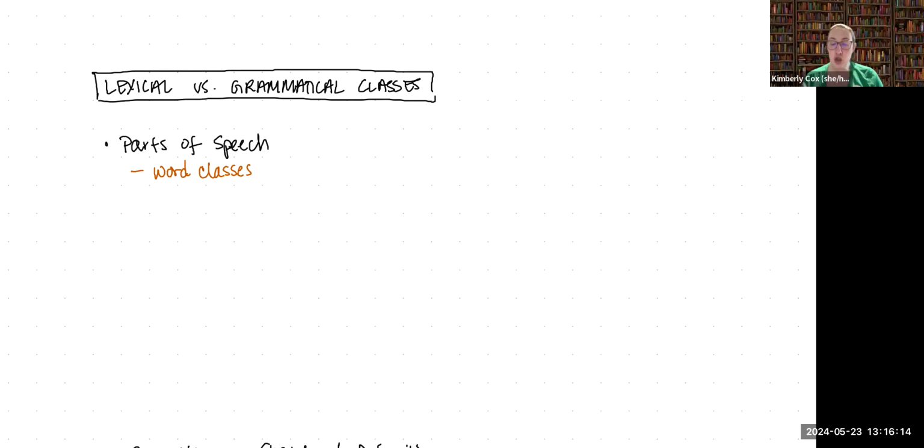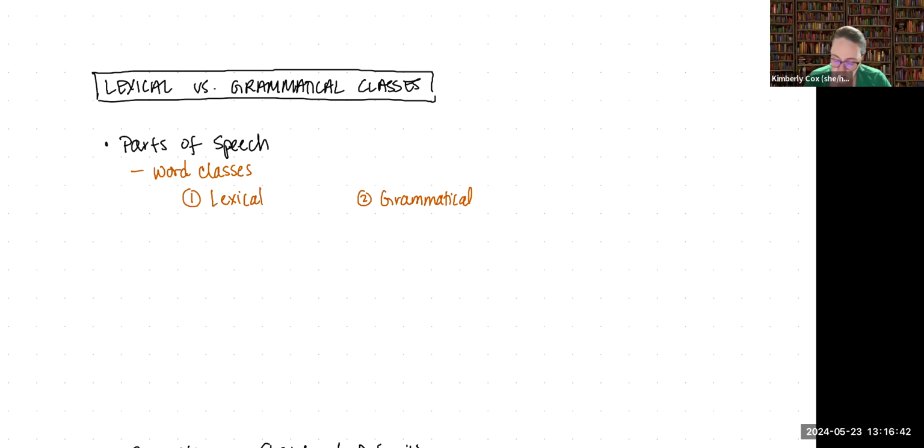There are two main types of word classes that we should be aware of. One is the lexical word class, and two is the grammatical word class. I'm going to tell you a little bit about what some of the differences between these two classes are.